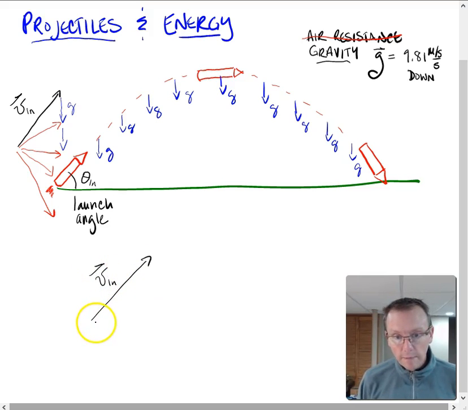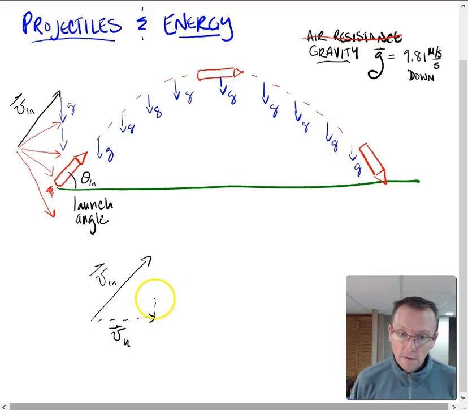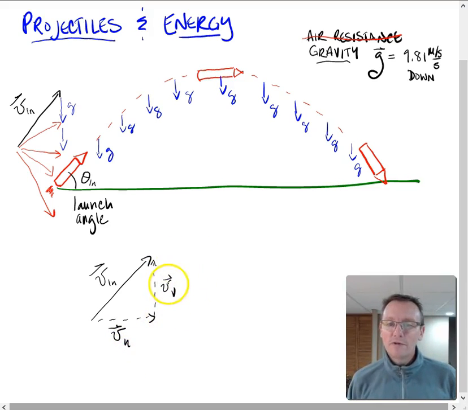So you can, if you want to, go ahead and talk about just the horizontal component of that, or you could talk about just the vertical component of that velocity. And which one of those two is being affected by gravity? I think you'd agree that because this is horizontal and this is vertical, and gravitational acceleration is vertical always, that the gravitational acceleration is only affecting the vertical component of the velocity.